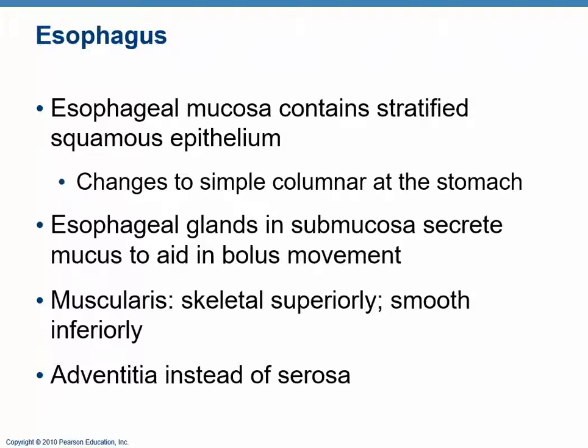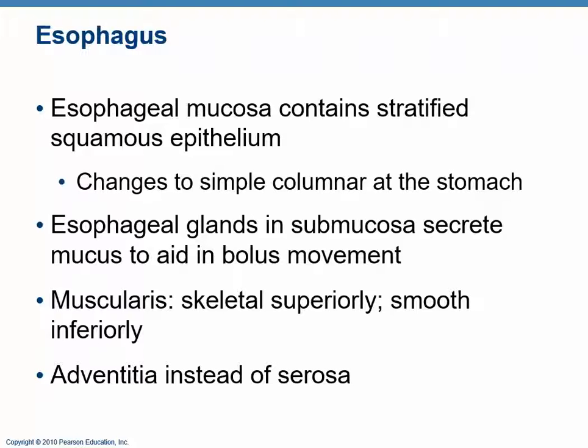The muscularis has two layers, just like the rest of the alimentary canal, but there's an interesting variation on it. In the upper third of the muscularis, the part closest to the pharynx, the muscle is primarily skeletal muscle, so it's voluntary. In the lowest third, closest to the stomach, the muscle is smooth muscle, so it's involuntary.